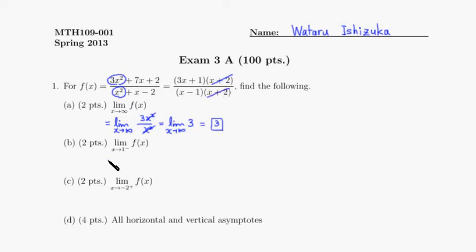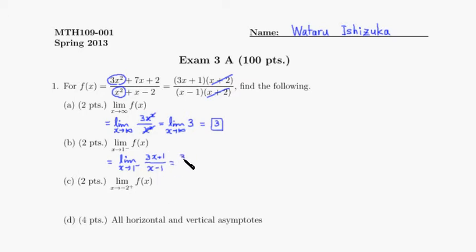Now we can take the limit as x approaches 1 from the left of what's left: 3x plus 1 over x minus 1. So what you do is just plug in and see what happens.